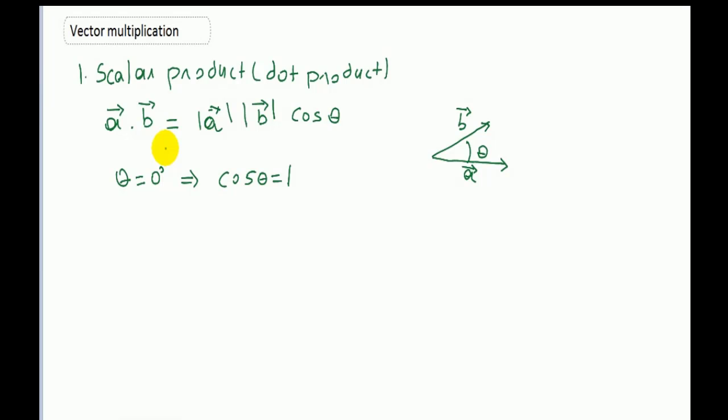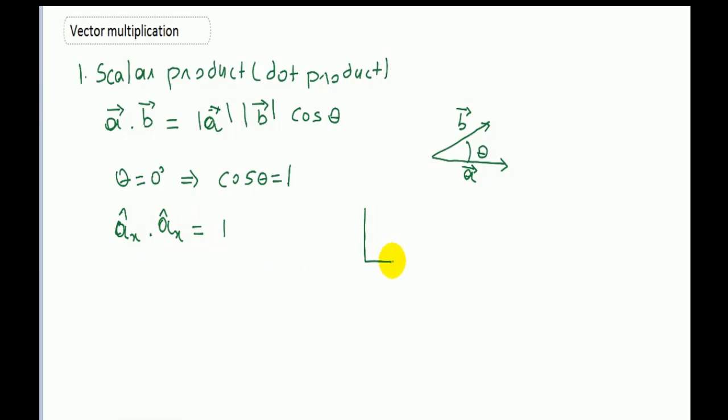Now if we use unit vectors, like ax cap dot ax cap, it will become 1, because these are vectors in the same direction, that is, the angle between them is nothing but 0 degrees.